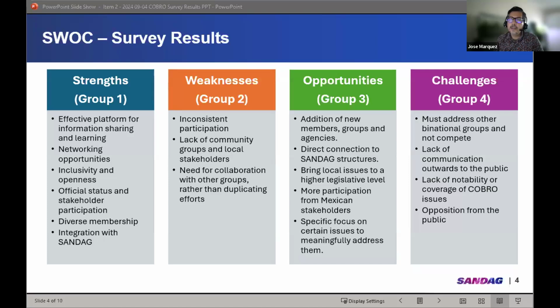So I think it would be good if we can start reaching out to who used to participate in COBRO and they don't participate anymore, or they attend the meetings once in a while.